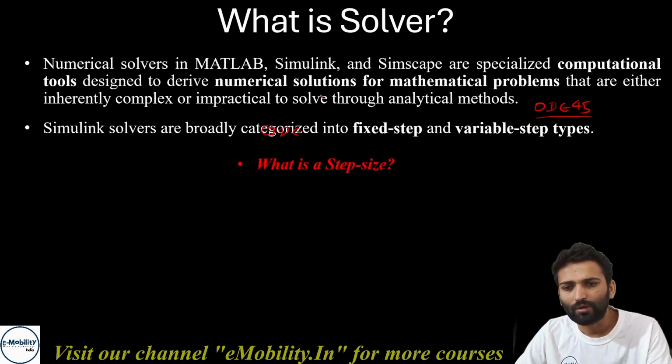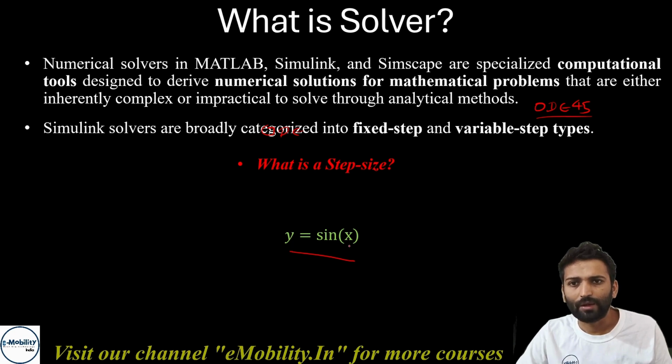To understand what a step size is, we'll take an example of the function y equals sin x. To draw y, which is a function of x, we have to take points of x. So we will be taking 1, 2, 3 and so on, and correspondingly we will be getting y.